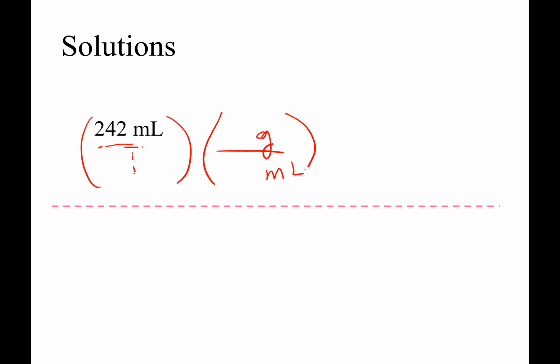What number goes on the top next to the grams? Yeah, it's that 0.792. What number goes down here by the milliliters? Just 1, exactly. So that's the density.